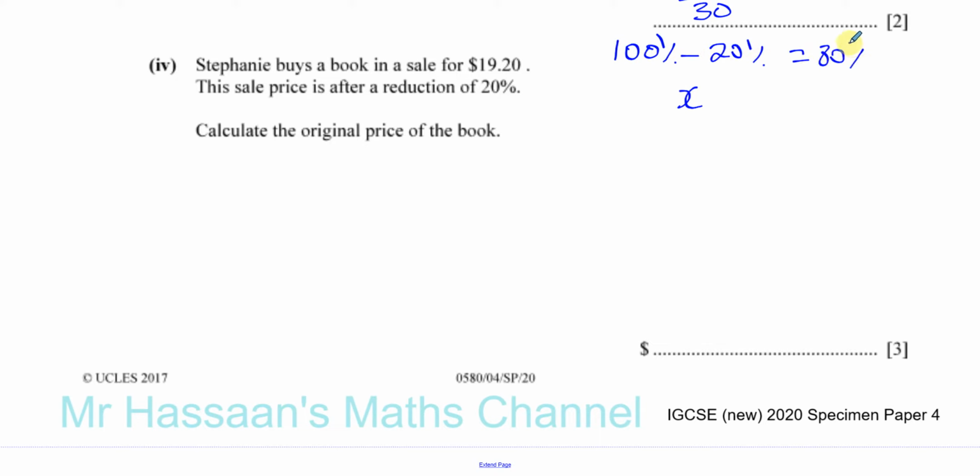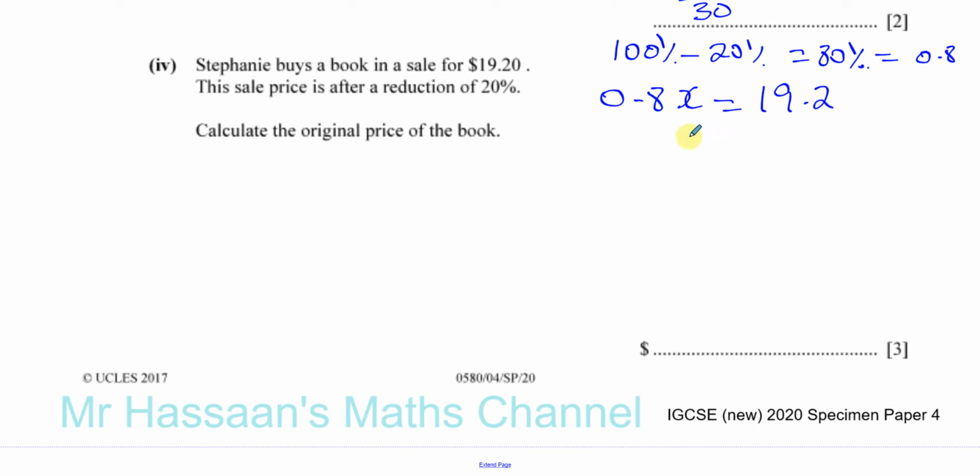The new price is 80% of the old price. So if you do 80% as a decimal, you get 0.8. So 0.8 times X, that reduces X by 20%. 0.8 times X is X reduced by 20%, and we know that's equal to 19.2.